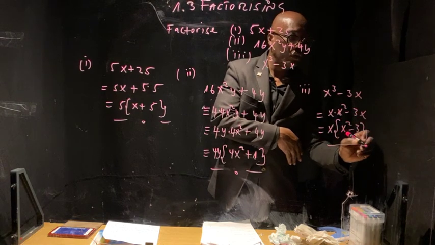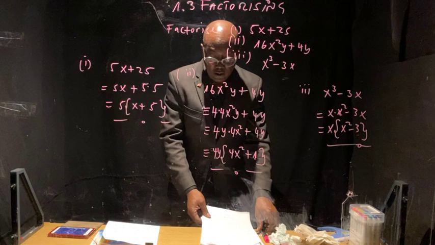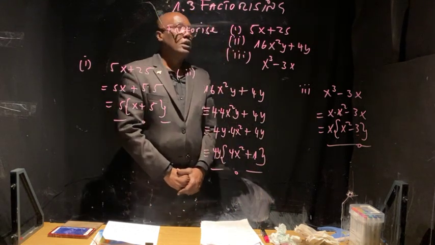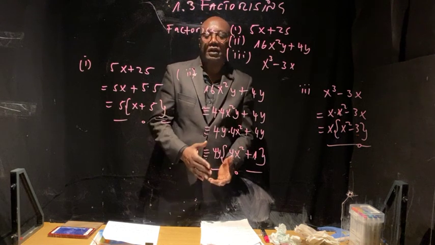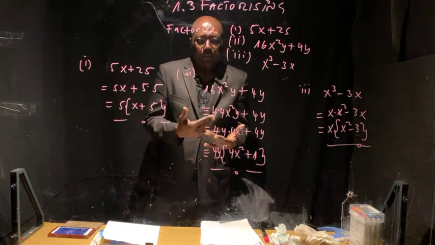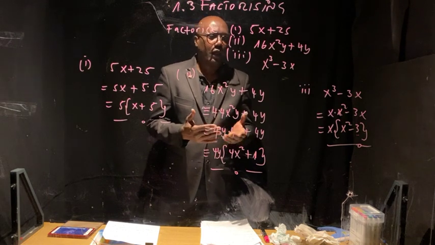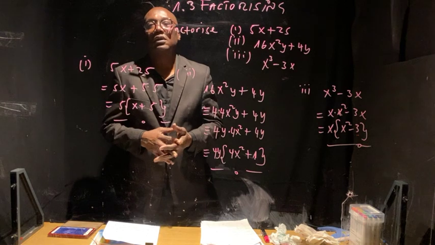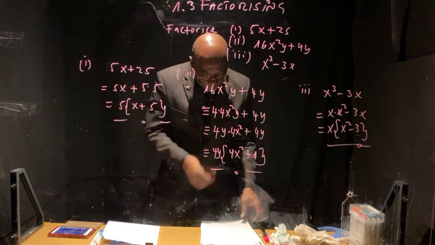Bam, bam, you are done. Good, so simple. And this is something that, as a matter of fact, we are not going to spend the whole time on. This is just the basics. More probably, it is just a recap of those things that you did in the O levels or the GCSE. Good, good, good. Let's move on.